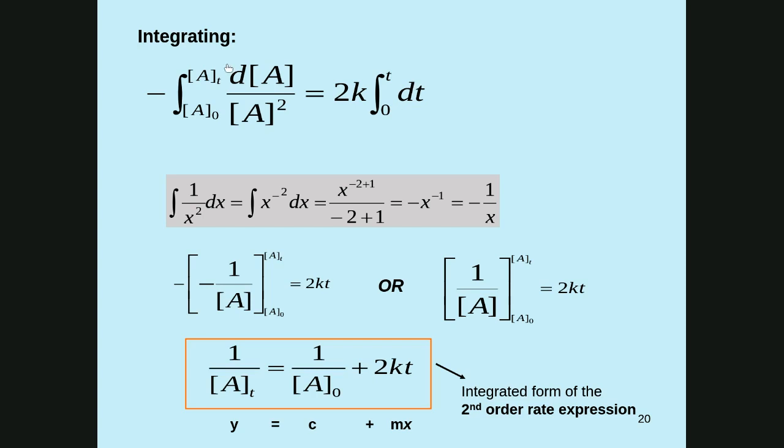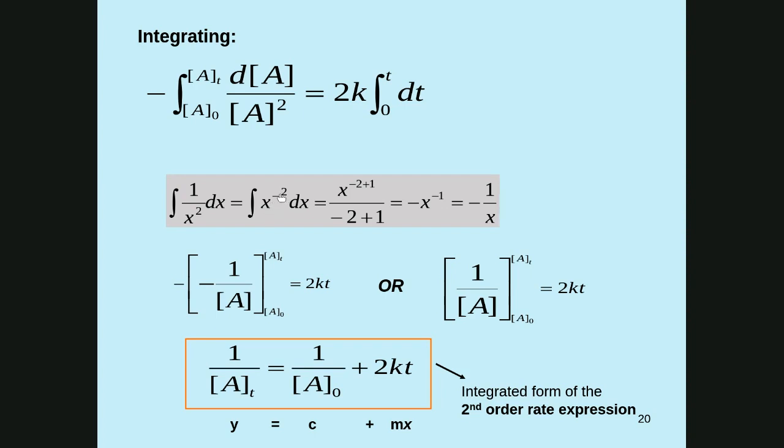The one on the left is a bit more problematic. Mathematically, it is the question of finding the antiderivative of the function 1 upon x squared, or x to the negative 2. Now, here we can apply again the rule for integration of a power law function.